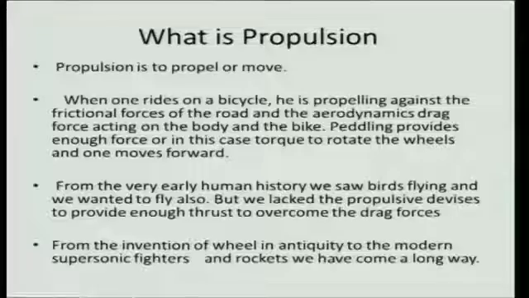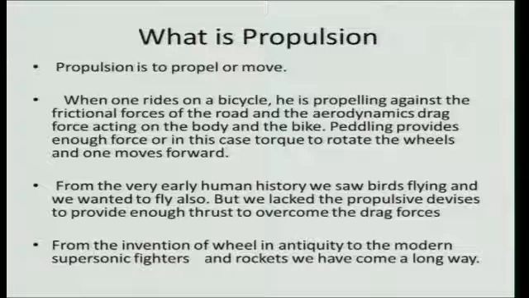So, if you look at the first inventions of human beings, essentially there are two inventions which differentiated human beings from animals. One was fire, the other was the wheel, okay? And the combination of these two is propulsion.